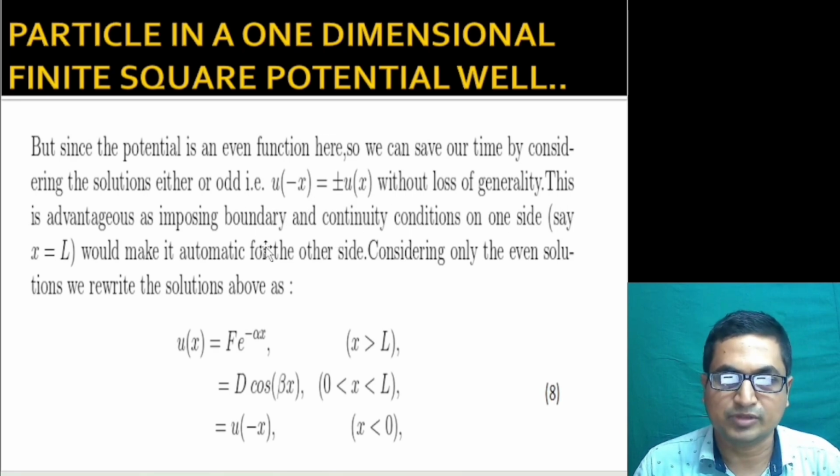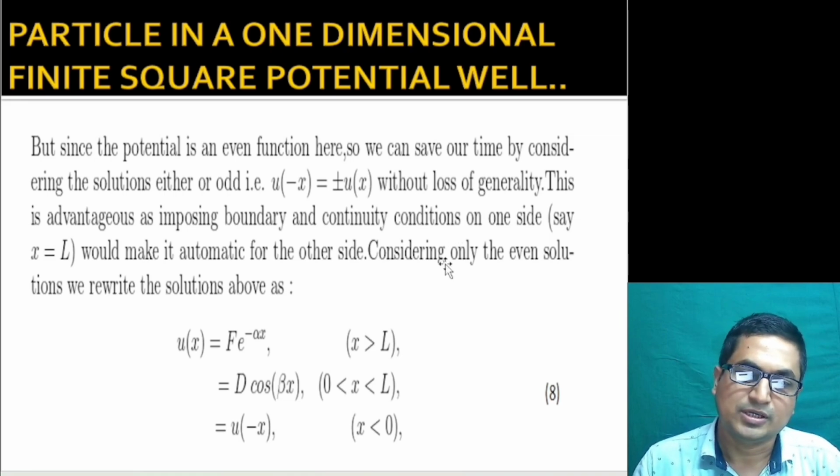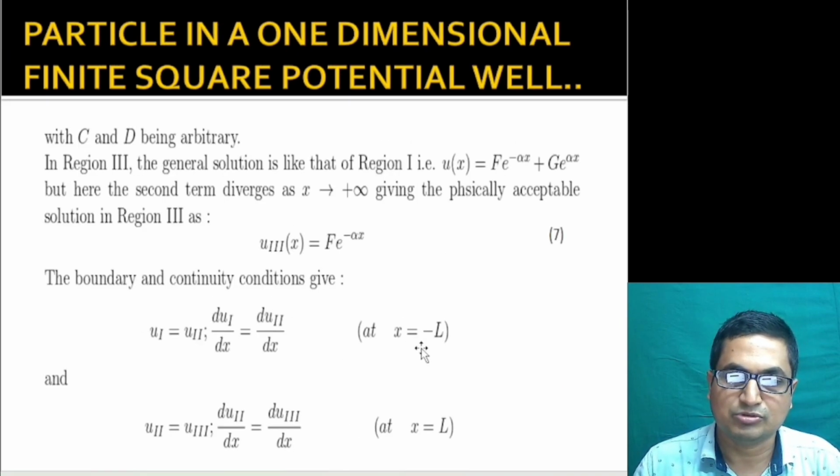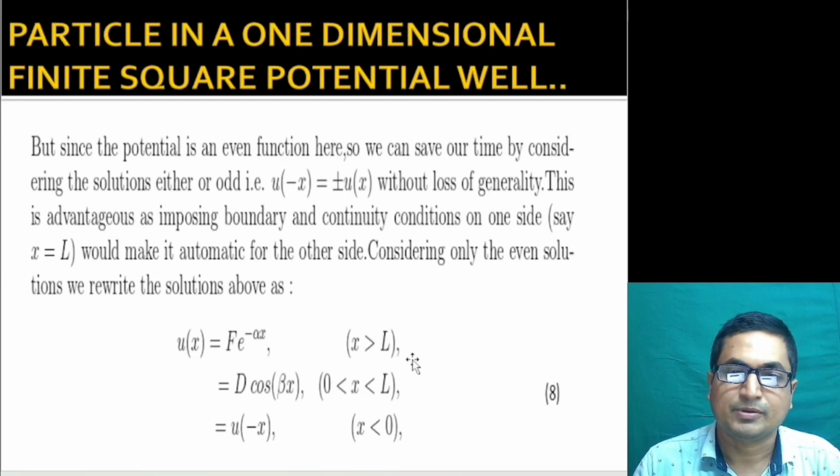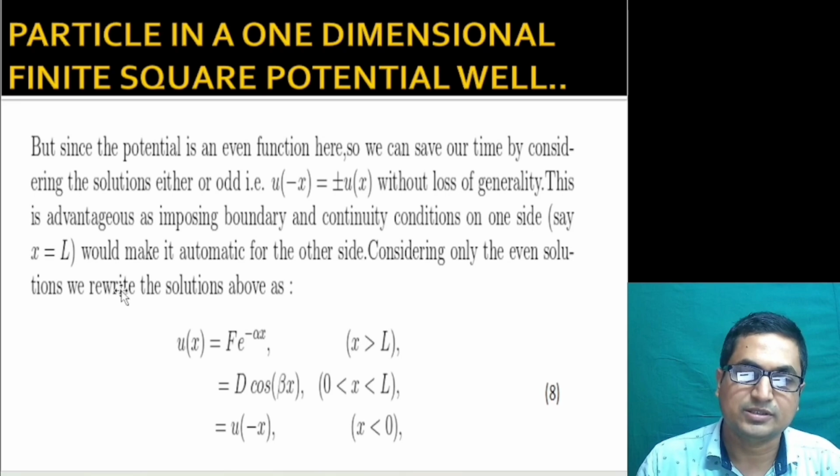This is advantageous because imposing the boundary conditions on one side, say x equal to L, makes it automatic for the other side also. Because of the even nature of the potential function, we impose these conditions.